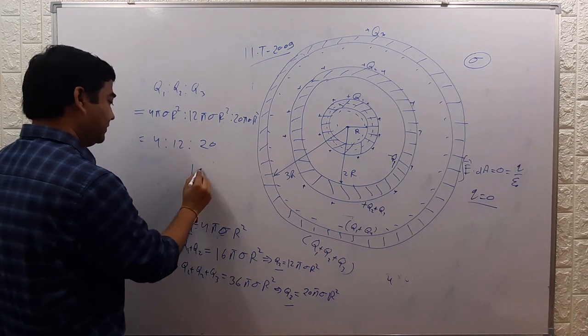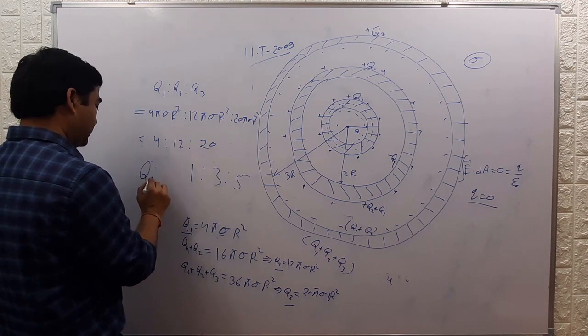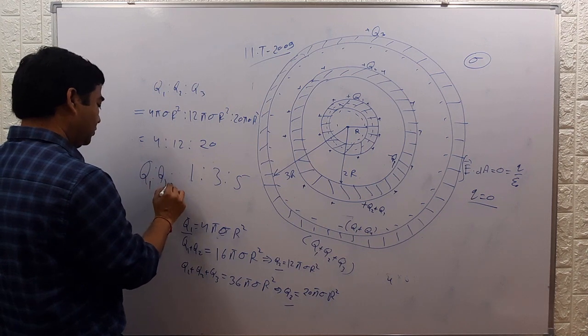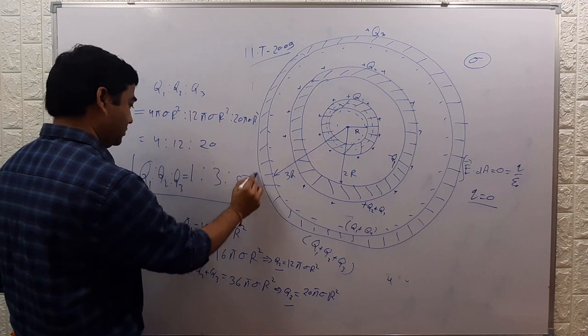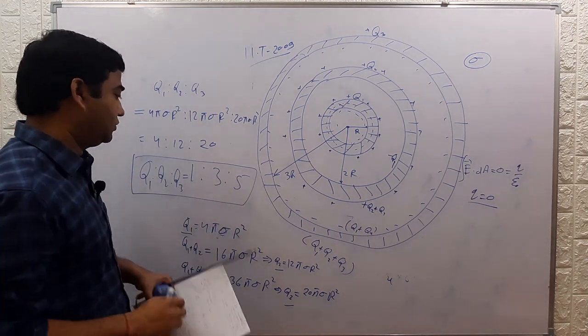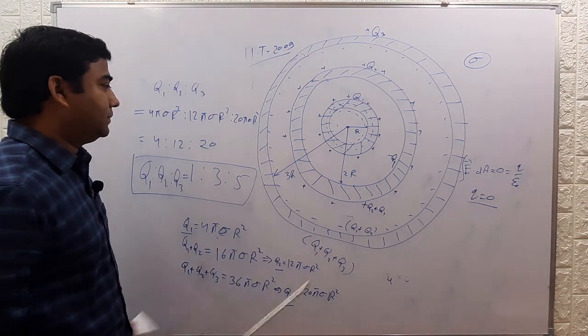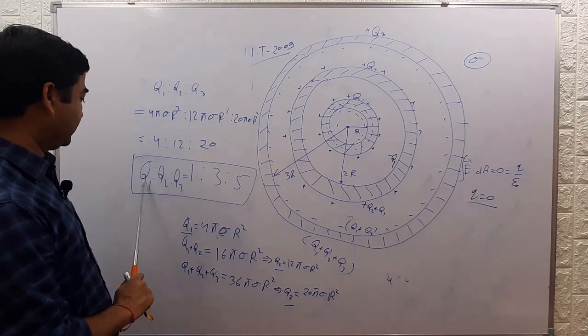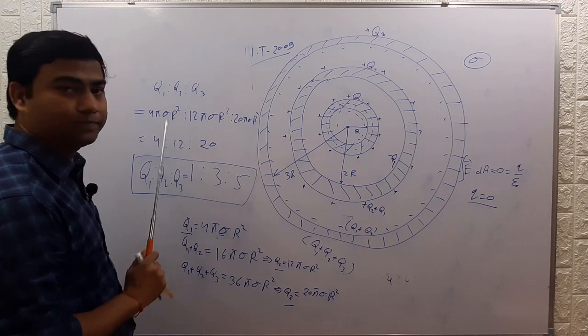This can be written as 1 to 3 to 5. So the ratio of Q1, Q2, Q3 is 1, 3, 5.